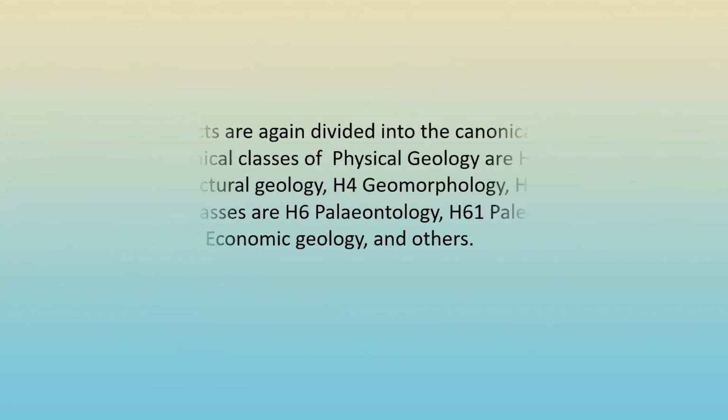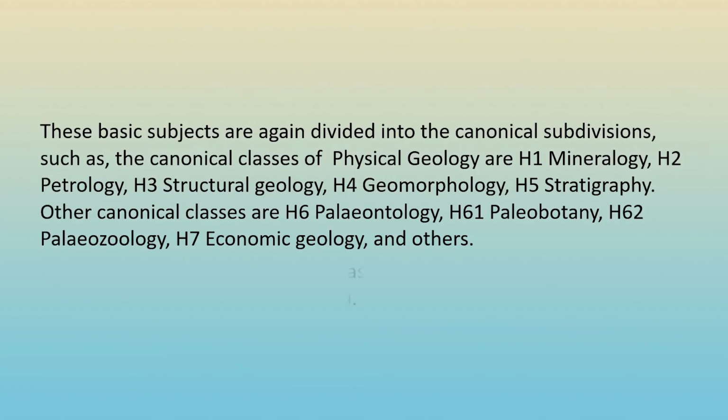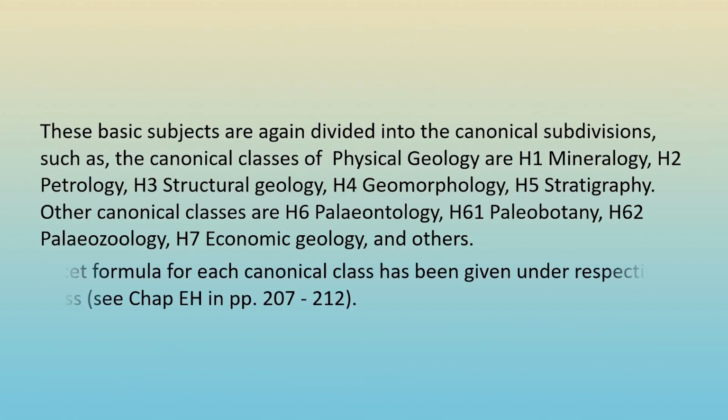The basic subjects are again divided into the canonical subdivisions, such as canonical classes of physical geology are H1 mineralogy, H2 petrology, H3 structural geology, etc. And other canonical classes are H6 paleontology, H61 paleobotany, H62 paleozoology, H7 economic geology and others.